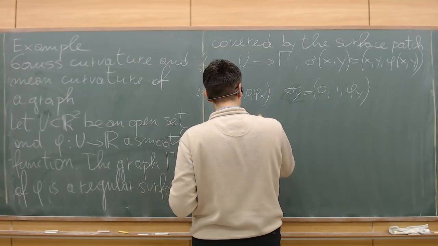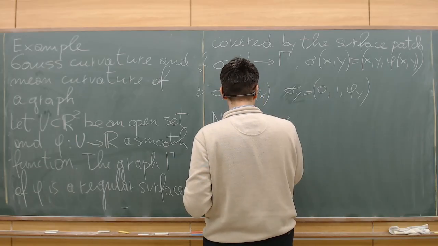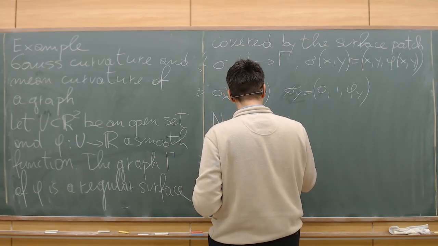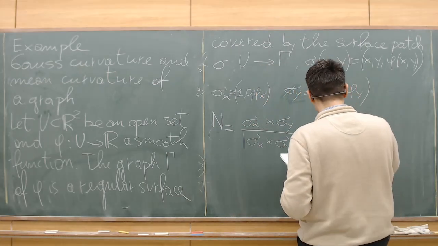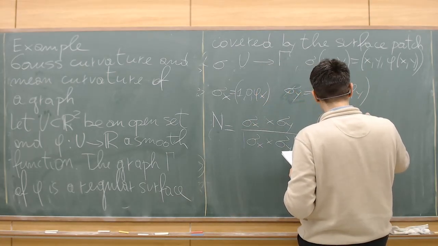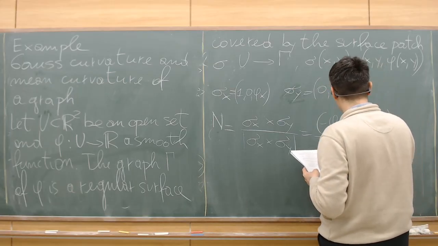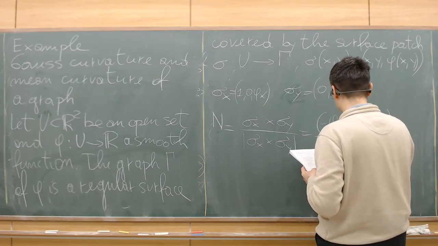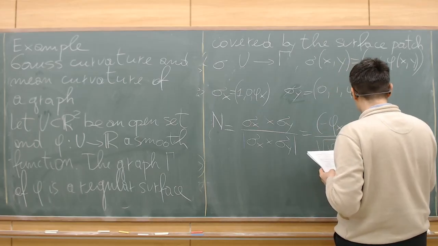This is sigma x cross product sigma y divided by the length of the same vector, and this is given by minus phi x, minus phi y, 1 divided by the square root of phi x squared plus phi y squared plus 1.